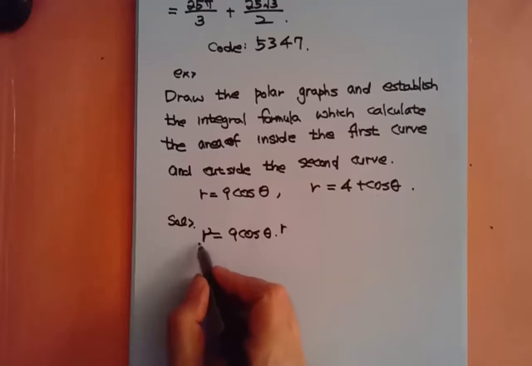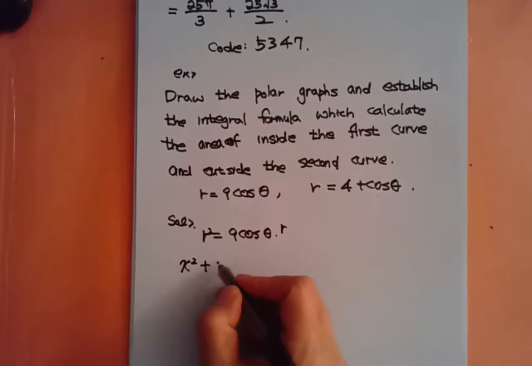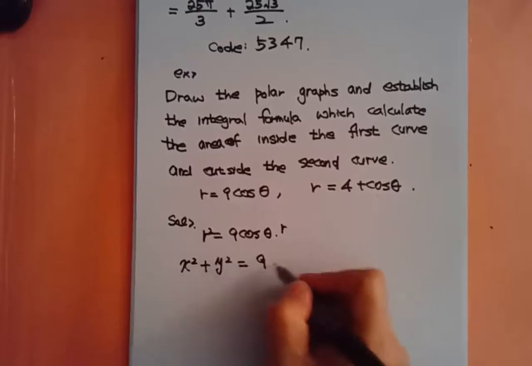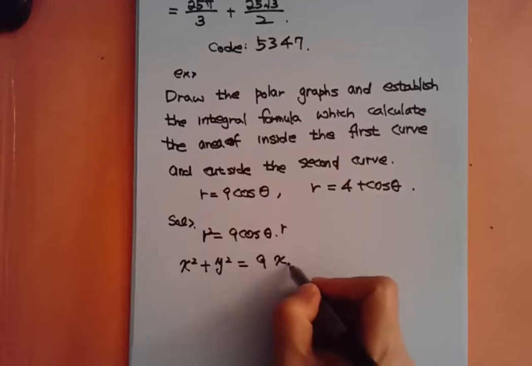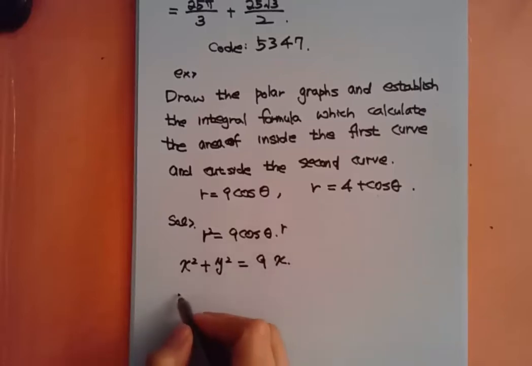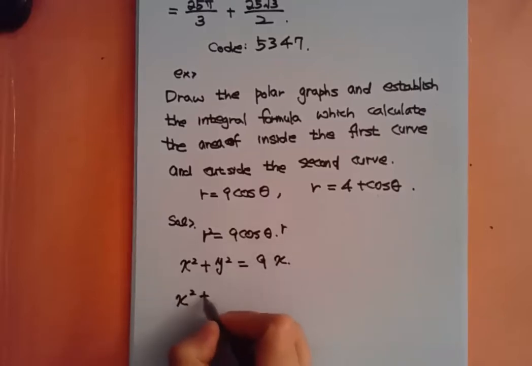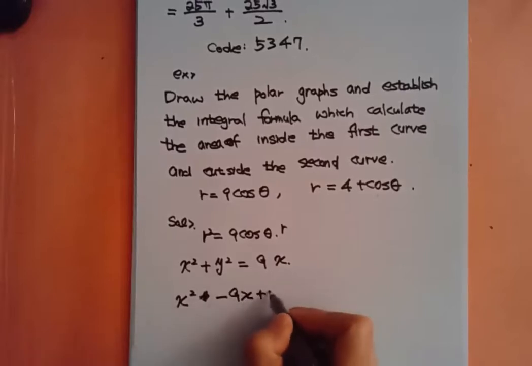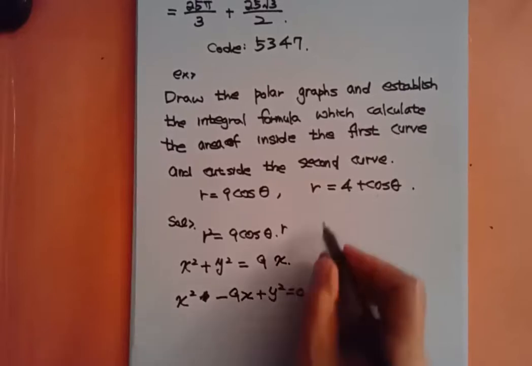So r squared can be replaced with x squared plus y squared, and on the right side, r cosine theta is x. So that becomes x squared minus 9x plus y squared equals 0.